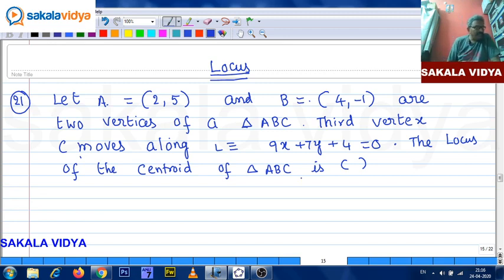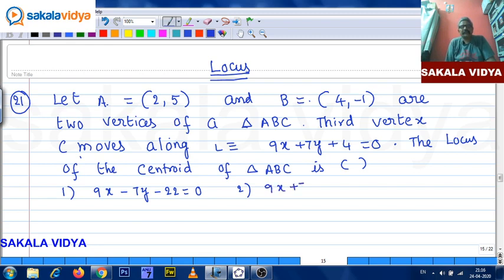Okay, right. So now the first option: 9x minus 7y minus 22 equals 0. Second one: 9x plus 7y plus 22 equals 0.